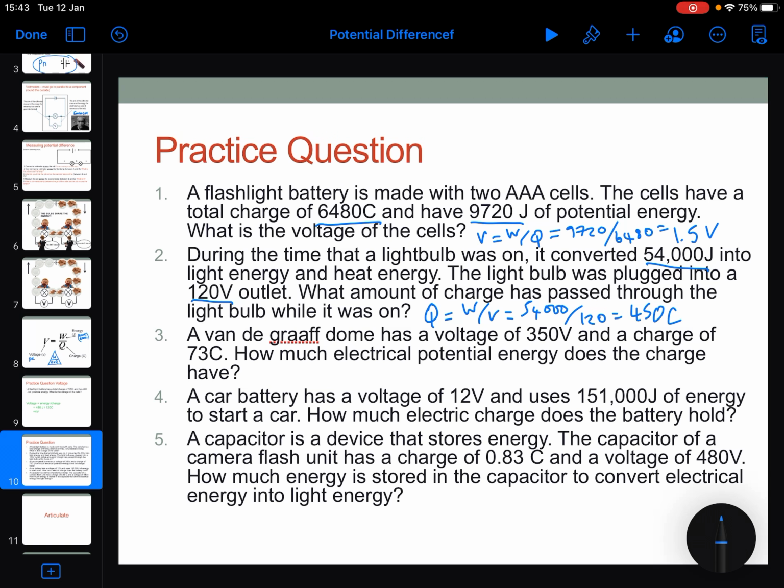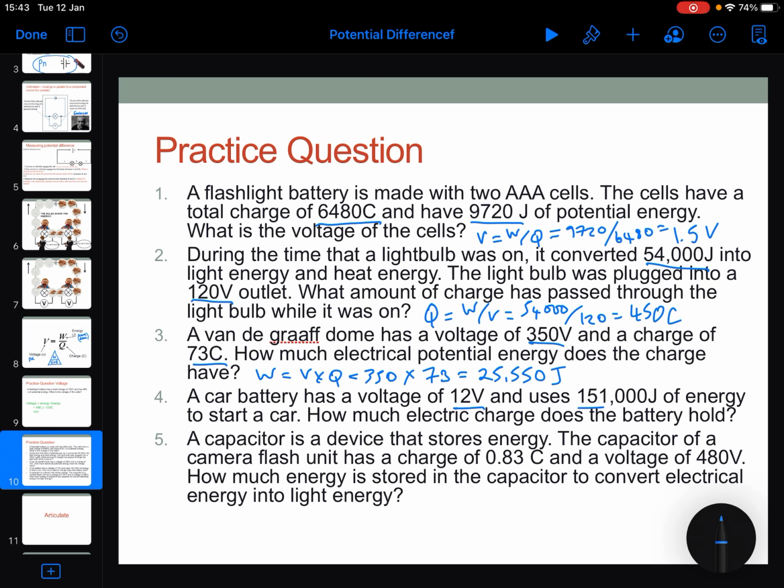Number 3, a Van de Graaff dome has a voltage of 350 and a charge of 73 coulombs. How much energy does a charge have? W equals V times Q equals 350 times 73, which is 25,550. And it's energy, so it's measured in joules.